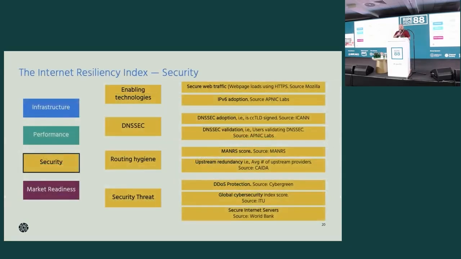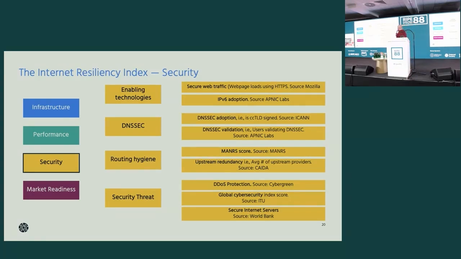The third pillar is security. We look at secure web traffic. We look at IPv6 adoption towards reducing the enabling technologies part. We look at DNSSEC adoption, DNSSEC validation to produce the area related to DNSSEC.